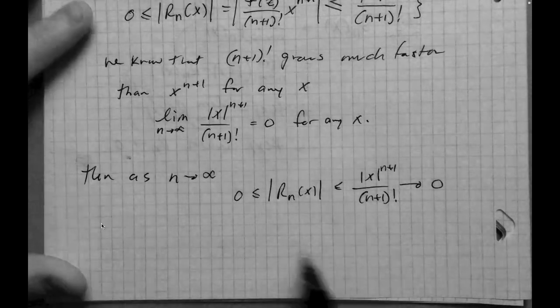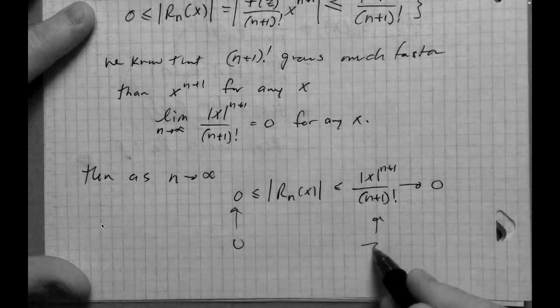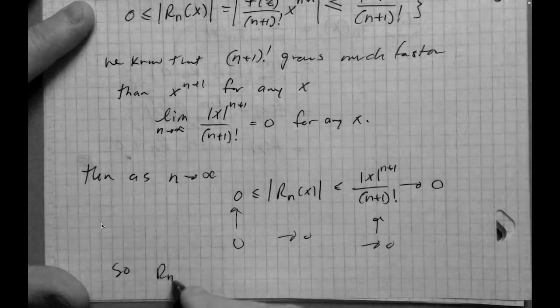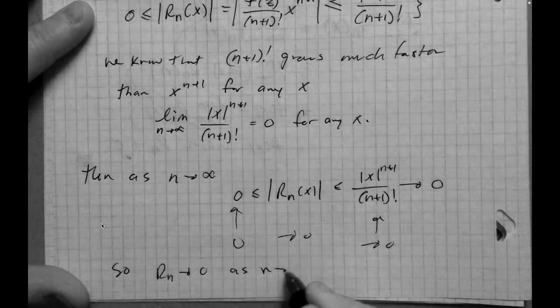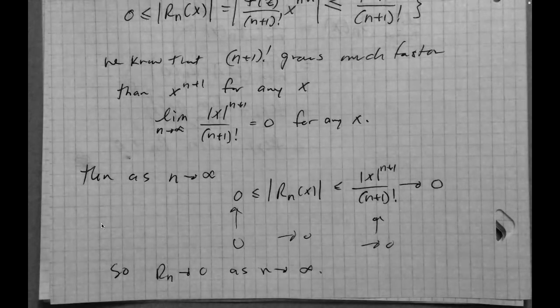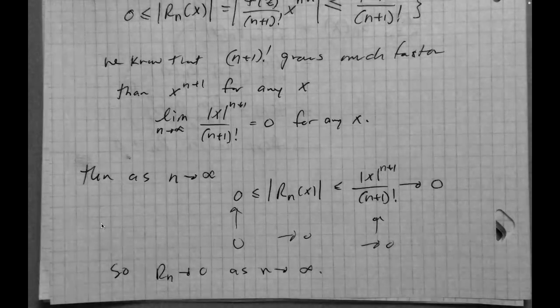Okay, so by the squeeze theorem, this is 0, this goes to 0, that means this goes to 0. So r sub n goes to 0 as n goes to infinity. And so that being the case, the MacLaurin series must converge to sine of x. Okay, perfect, exactly as we would want it to be. It's amazing how that can happen.